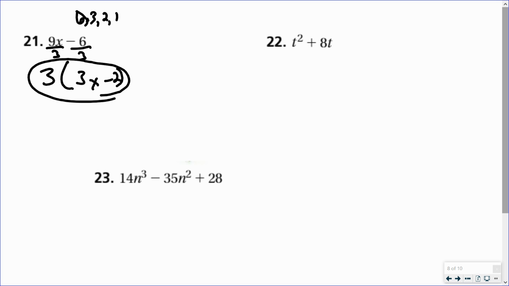Number 22. Okay, there's a letter in everything. There's a t. So let's take out a t. And unfortunately, that's it. So there are 2 t's here. There's 1 here. So that means that there is 1 left up on the top. And these 2 t's cross off.